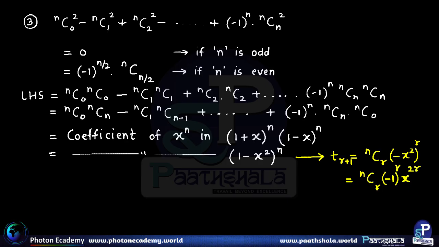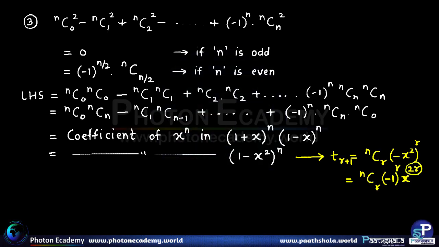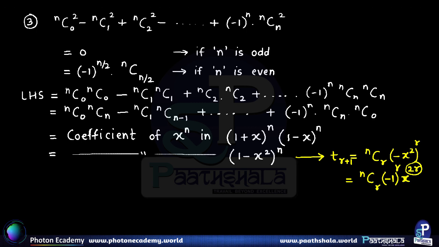So if we want to find the coefficient of x raised to n, here we get the index of x as 2r, which will always be an even number. So that means we will find the coefficient of x raised to n only if n is even, because r is n by 2.